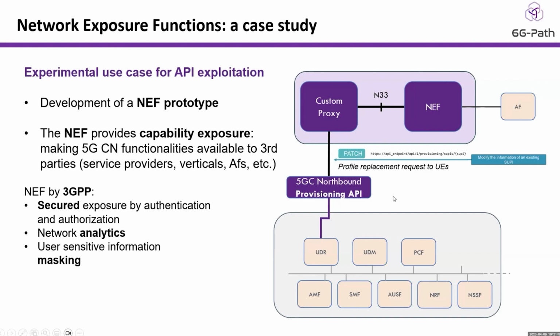So we can change the slice associated to a UE to another slice. And so we can also change the association of a slice, leveraging the API that we can expose.